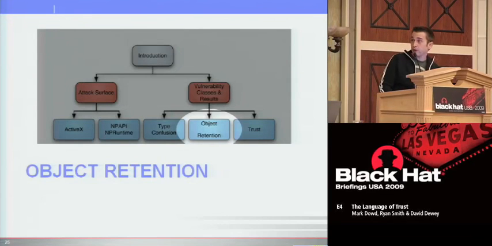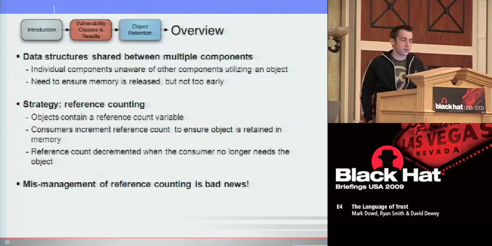The first vulnerability class we're going to talk about is object retention. With object retention, you have data structures that are being shared between multiple components. In order to do this correctly, they need to know when to release the object back to the operating system, but not do that too early. At the same time, they need to know how long they need to keep the object.